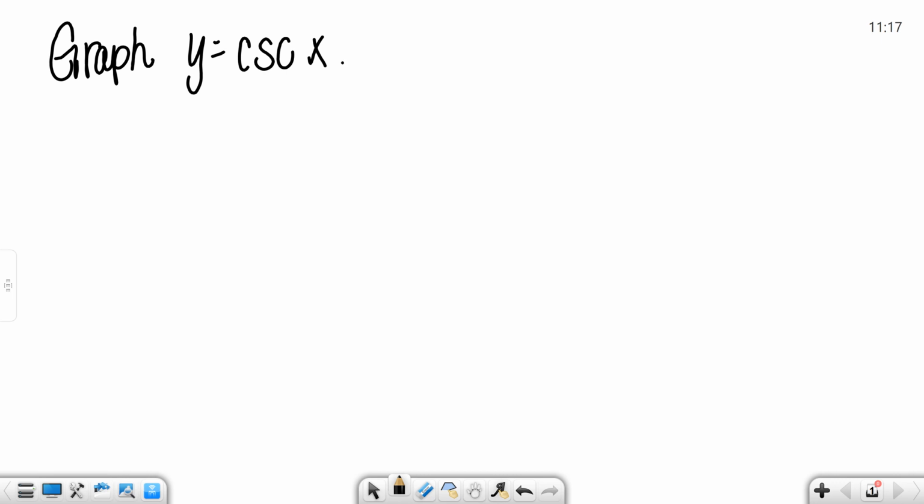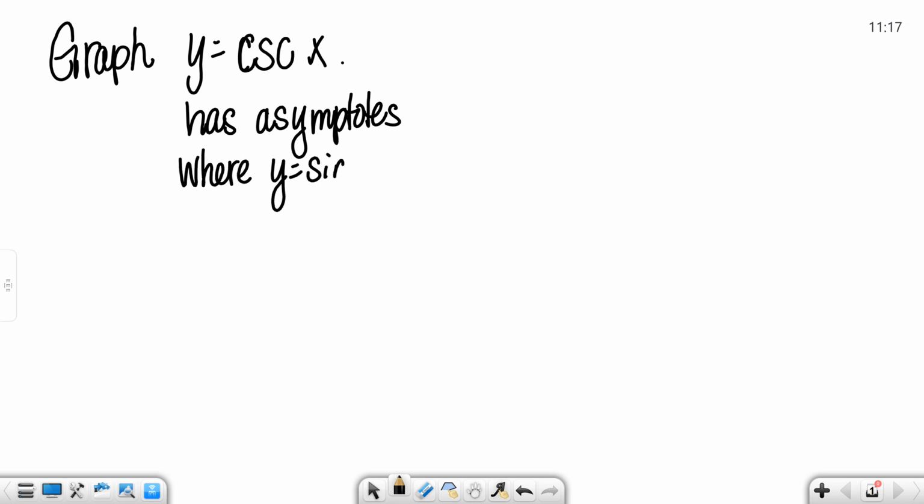So, in order to graph the cosecant of x, it has asymptotes where y equals the sine of x crosses the x-axis, because they are reciprocals.